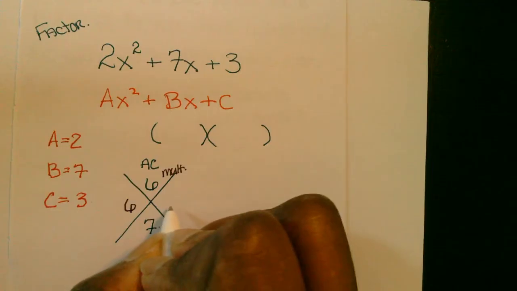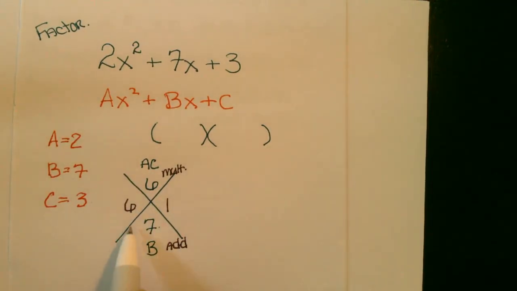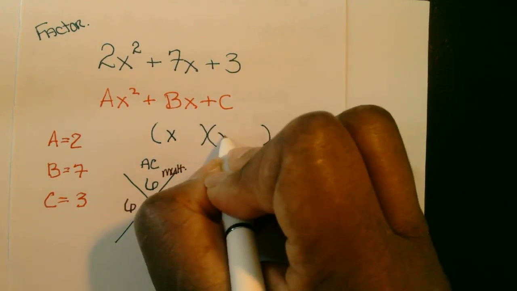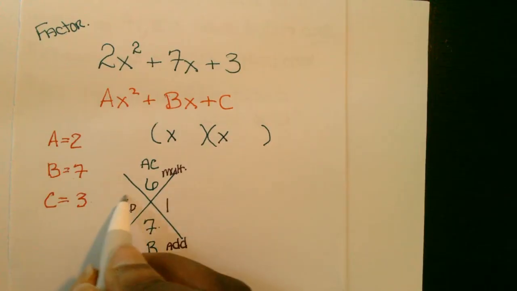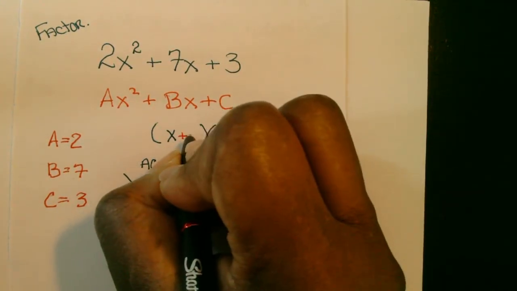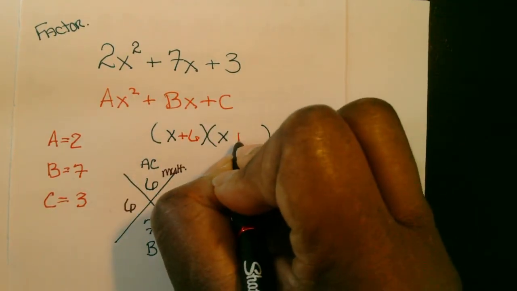So, 6 times 1 will give me 6, and 6 plus 1 will give me 7. This is one way that I like to do the AC method. We are going to split our variable. We're going to put the numbers that we found, a positive 6 and a positive 1.